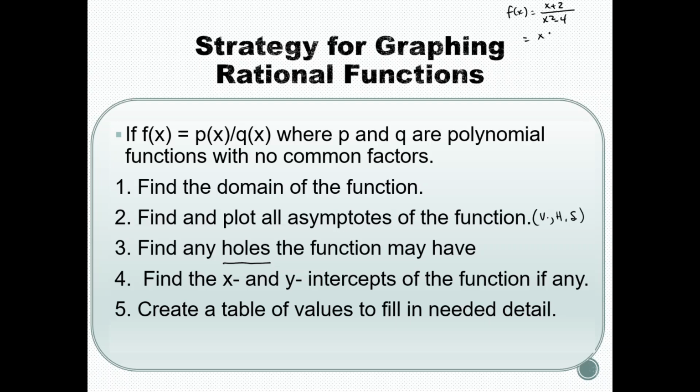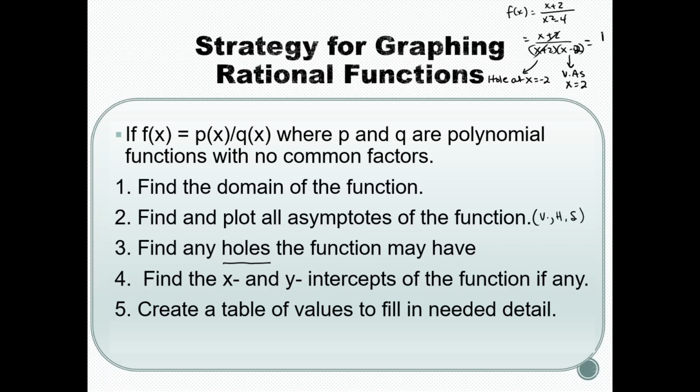So this is going to reduce. Right? So the one that reduces gives me a hole at x equals -2. The one that stays gives me that vertical asymptote at x equals +2.